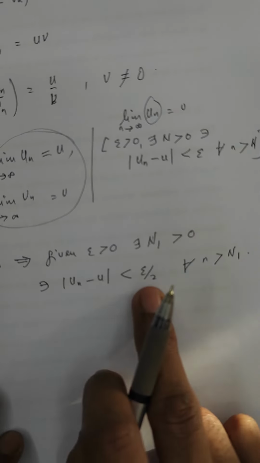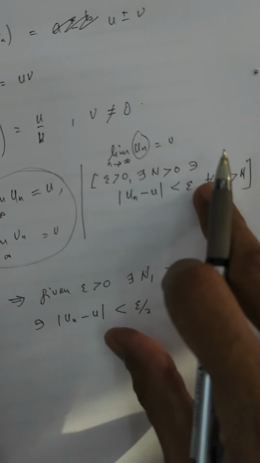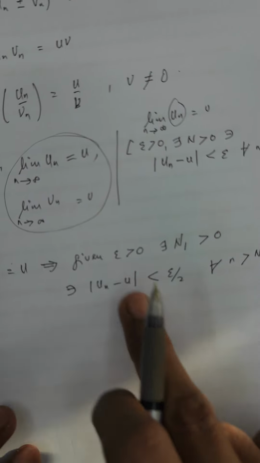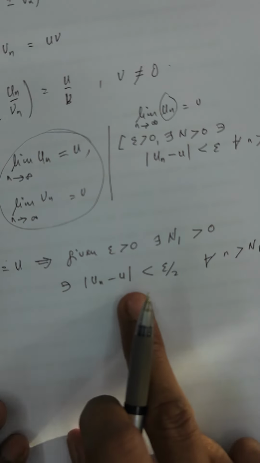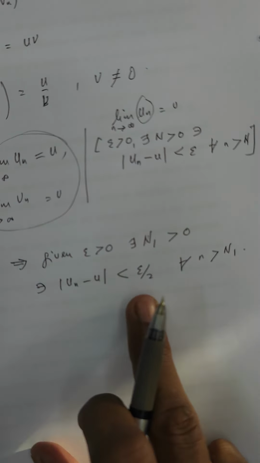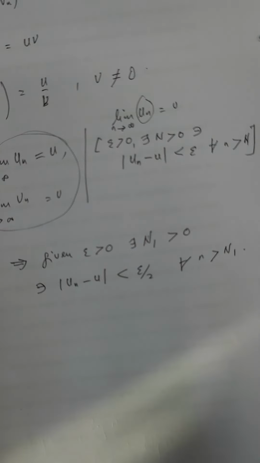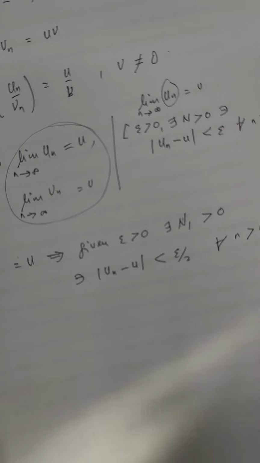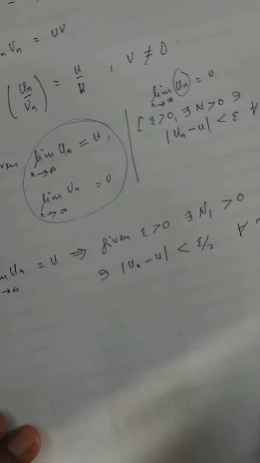The reason why we choose epsilon over 2 here, whereas in the general case we used epsilon, is that there it was just one sequence. Here we involve two sequences, so we choose epsilon over 2. The reason will become obvious when we manipulate those sequences later on.